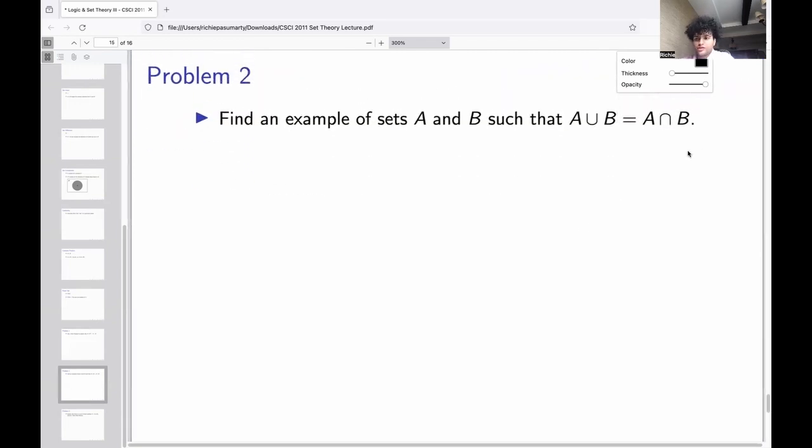Okay, next question. So we want to find examples of sets A and B such that their union, A union B, is equal to their intersection, A intersection B. So let's go ahead and draw out what the union and intersection look like again with a Venn diagram.